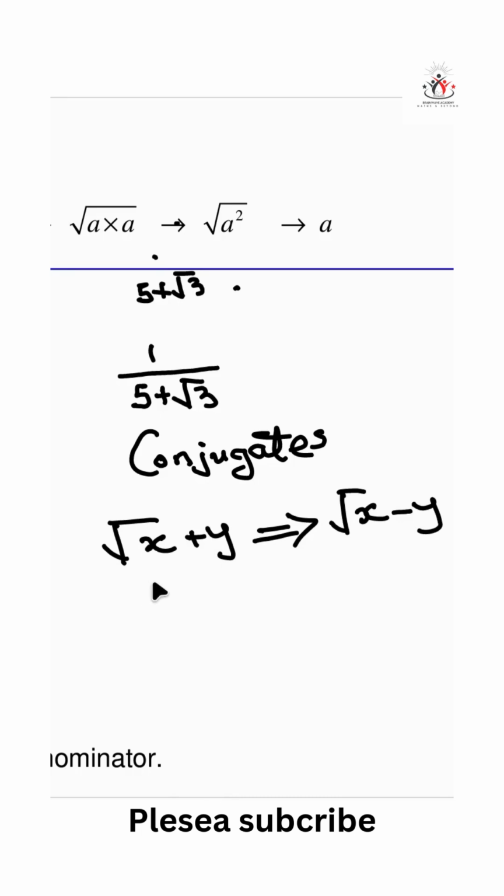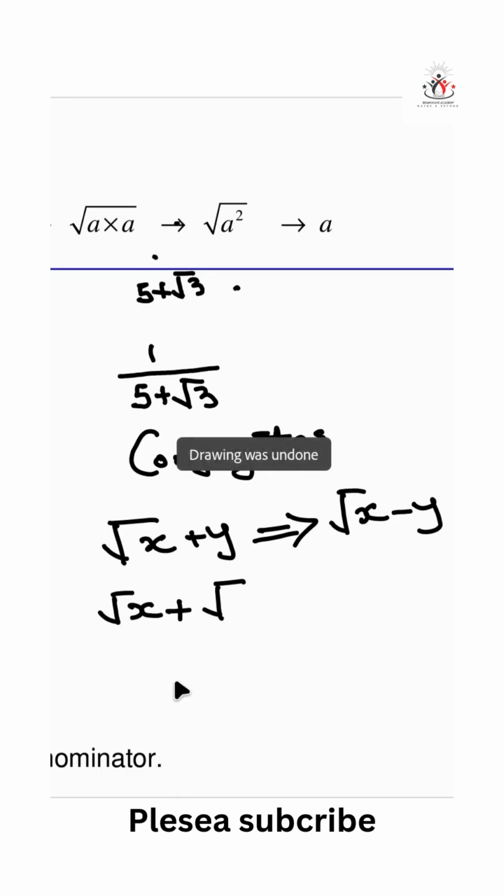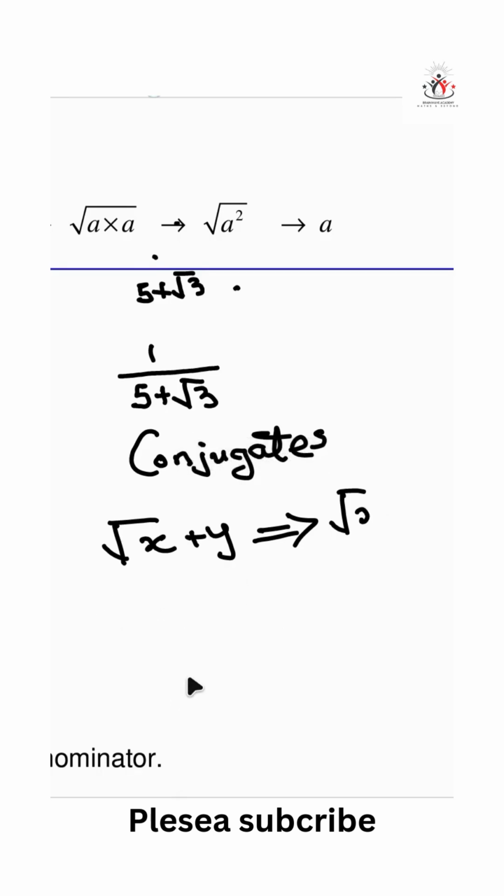Similarly, if I have square root of x plus square root of y, the conjugate is going to be square root of x minus square root of y, right? That's very simple and clear. Now, if I want to take out the square root sign from the denominator, all I need to do is to multiply through by the conjugate.